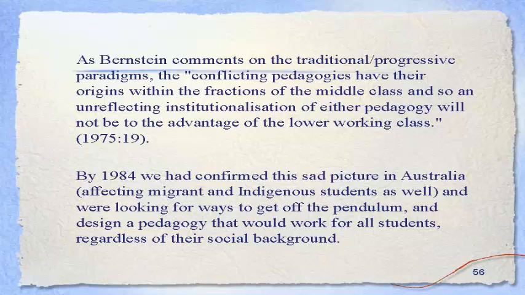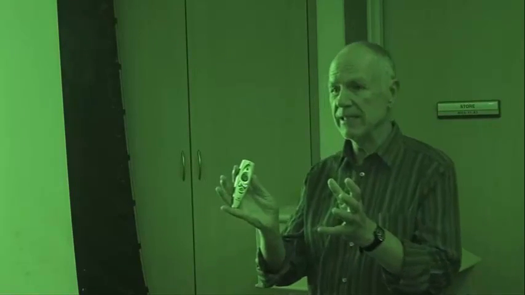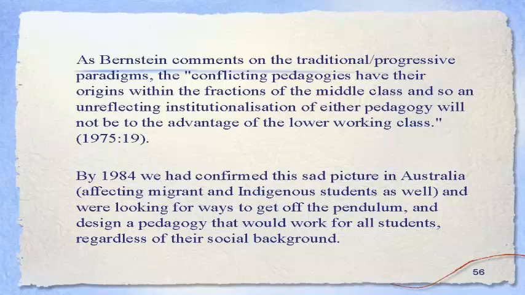And so an unreflecting institutionalization of either pedagogy will not be to the advantage of the lower working class. So we're looking essentially at a middle class struggle over control of education. By 1984, we had confirmed this sad picture in Australia, affecting migrant and indigenous students as well as working class ones. And we were looking for ways to get off the pendulum and design a pedagogy that would work for all students regardless of their social background.